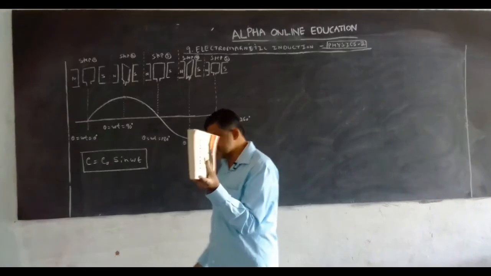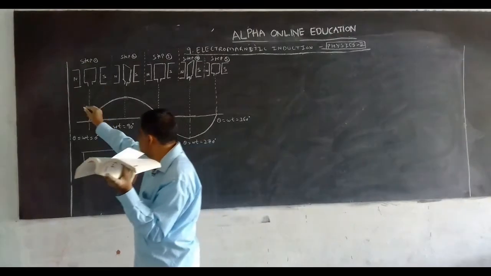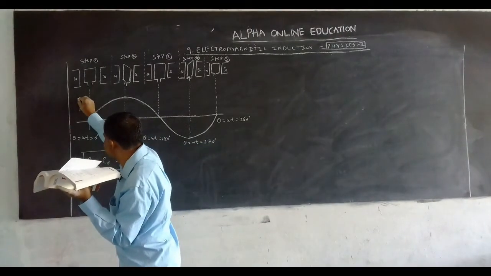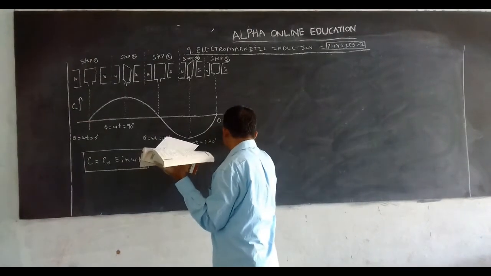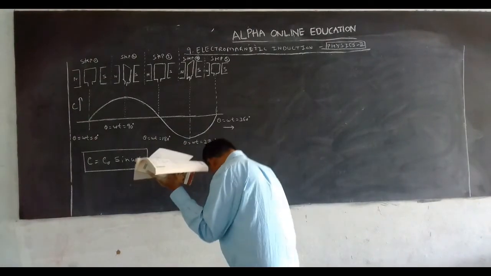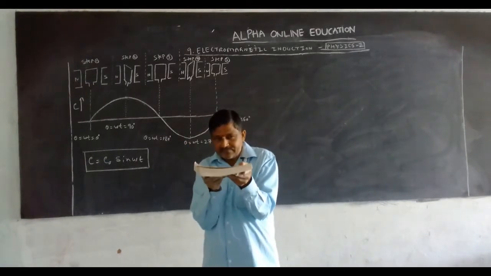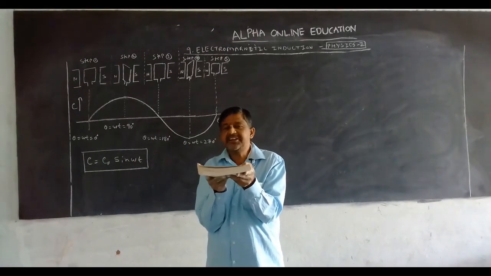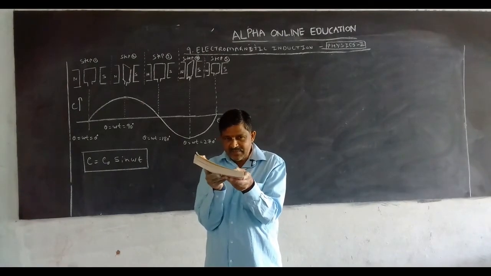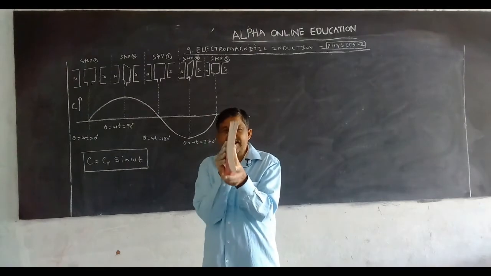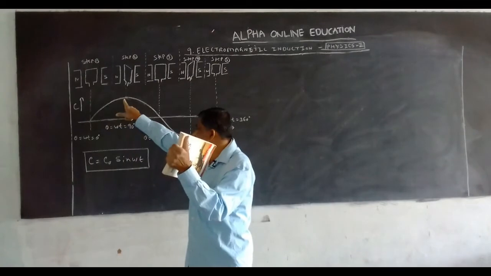I have taken the induced EMF E in this direction. Already we know theta. In step 1, the coil is like that, theta is 0. When the coil rotates, the association of magnetic flux increases and at 90 degrees becomes maximum.